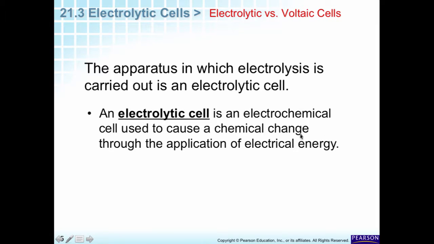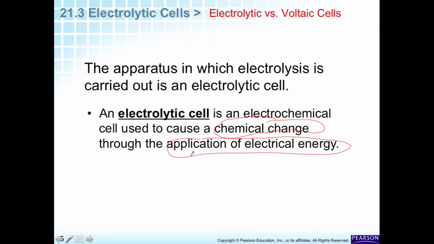As I said, the electrolytic cell utilizes energy. The chemical change is just like in a voltaic cell, but we apply electrical energy. In a voltaic cell, we produced electrical energy. So in a voltaic cell, we convert chemical energy to electrical energy.